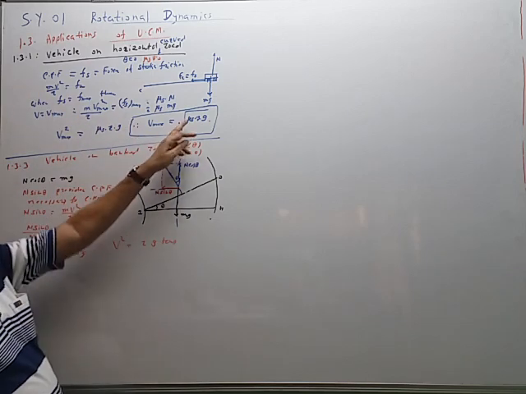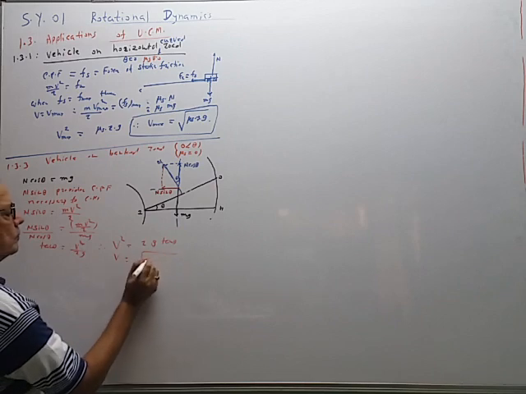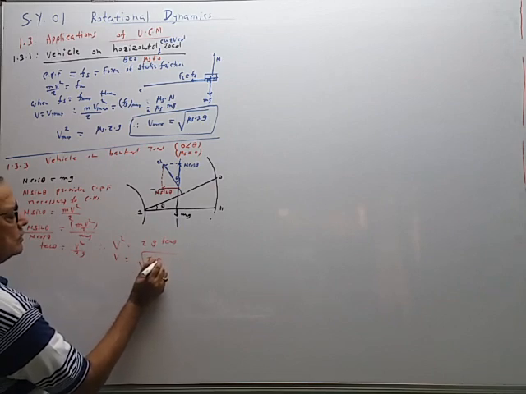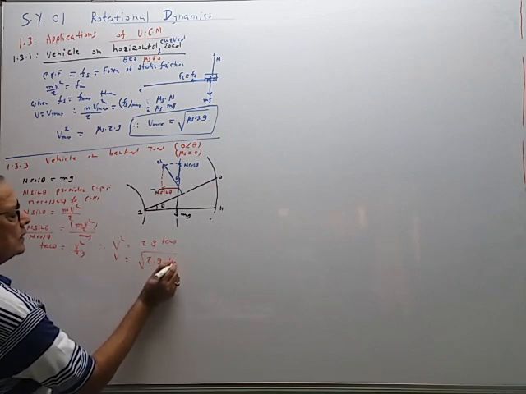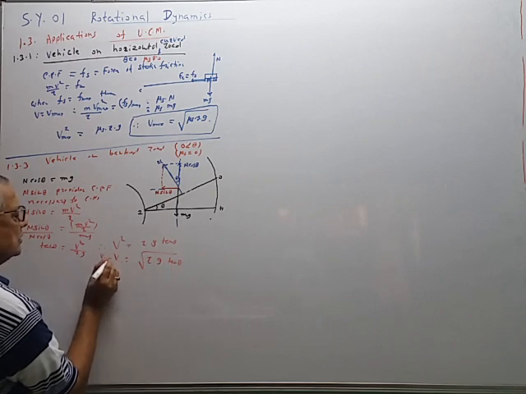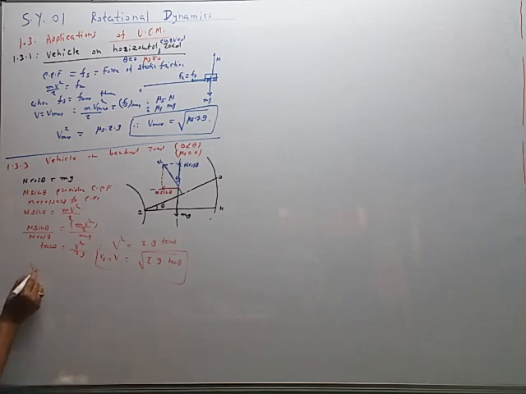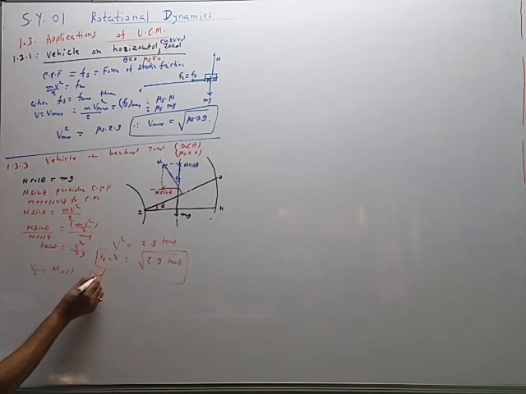Here mu s was present, but here it is rg, and therefore v is equal to under root r, radius of curvature, g into tan theta, angle of banking, and this is called the Bs. Bs is the most safe speed.